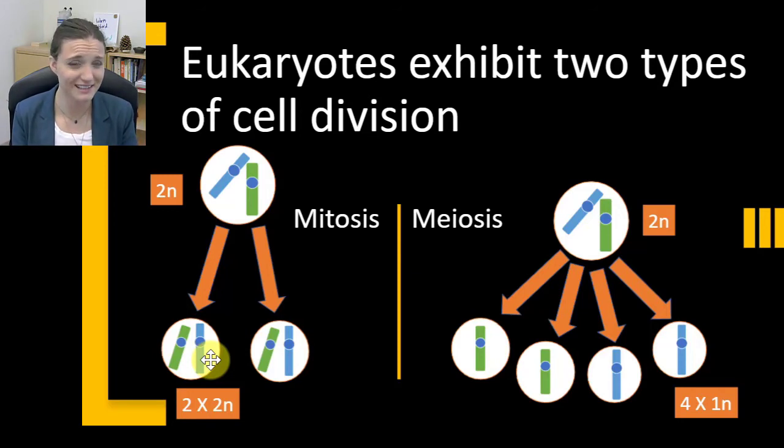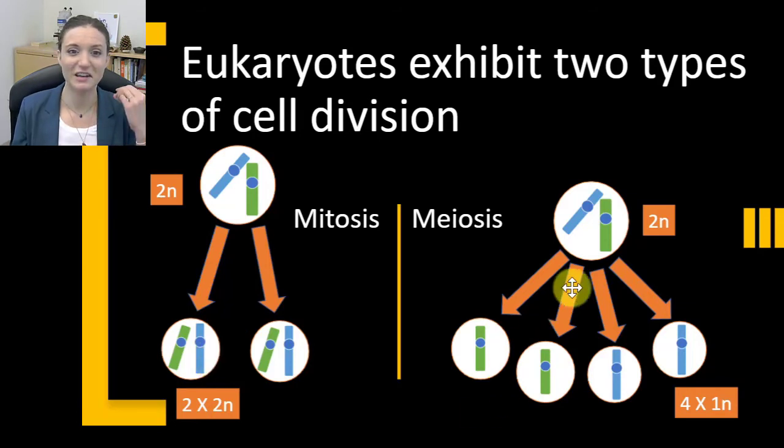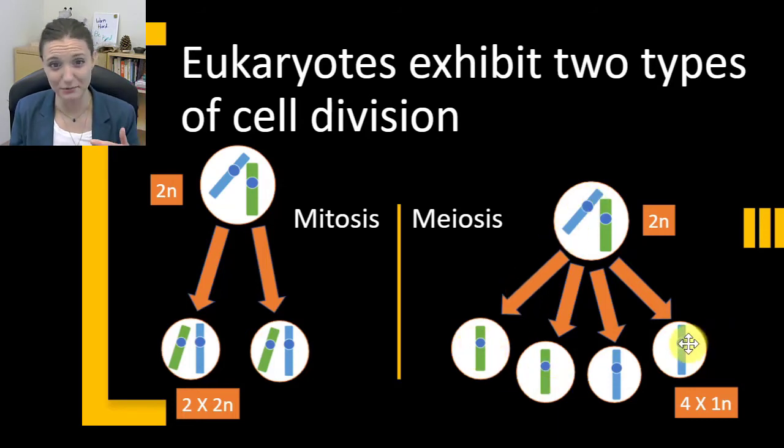Meiosis is a little different. Meiosis is a type of cell division that we only find in cells that are diploid, that have at least 2 copies of each chromosome. In meiosis, we're taking a diploid cell and making 4 haploid cells. We make a copy of the entire DNA, and then 1 piece of that DNA goes into each of the 4 haploid cells.